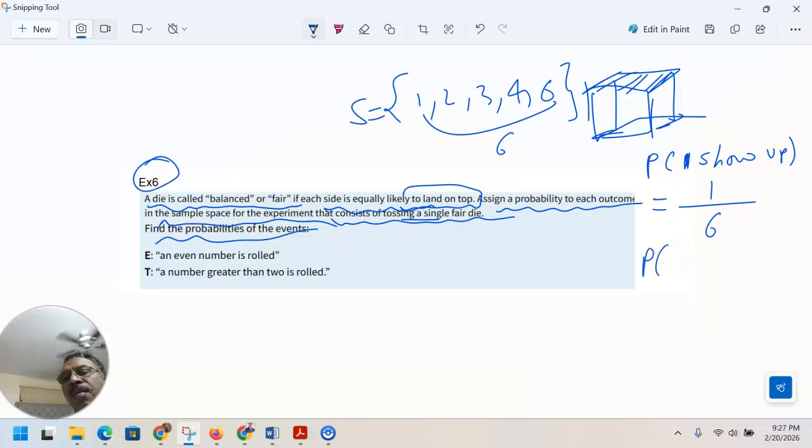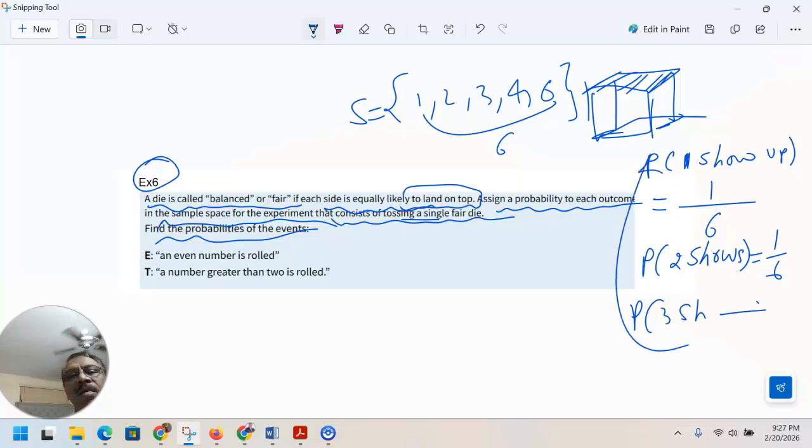If I say probability of two shows up, that's the event, it will be again one out of six. If probability of three shows up, so like that. So now let's go directly. The question is an even number.